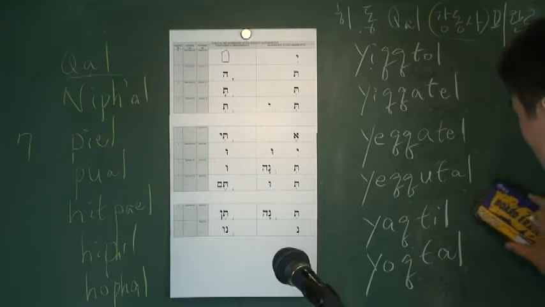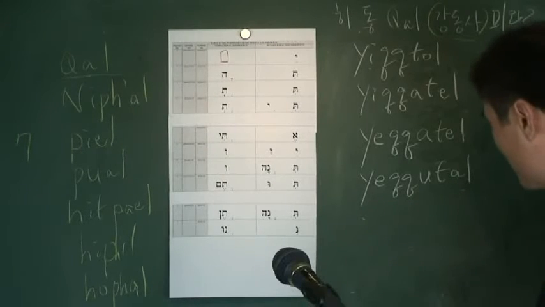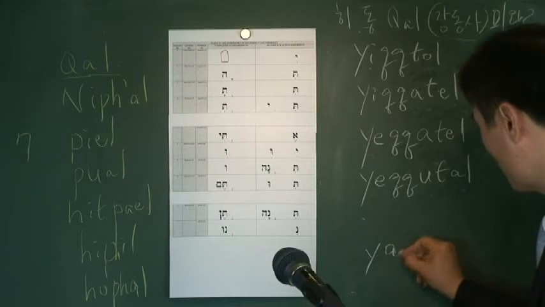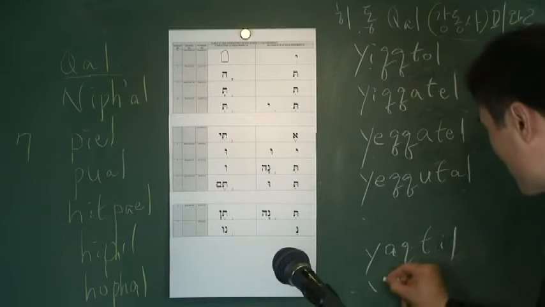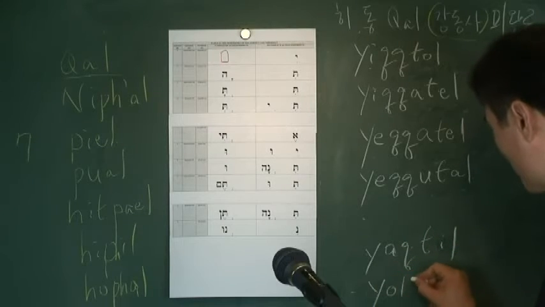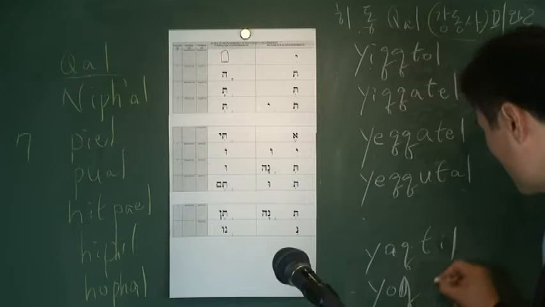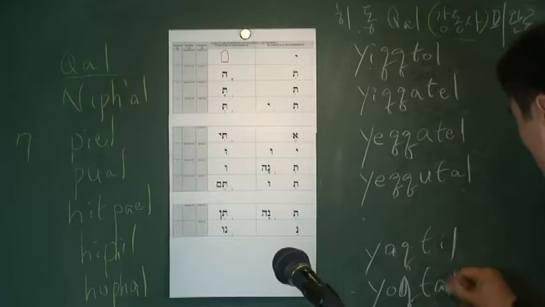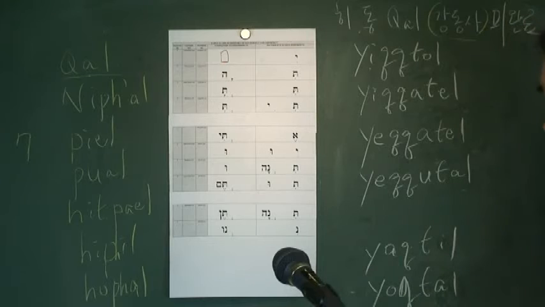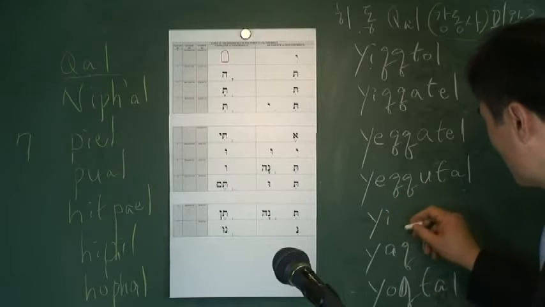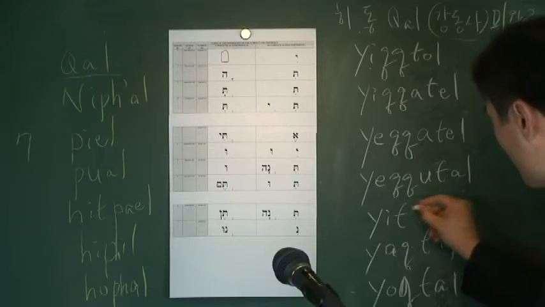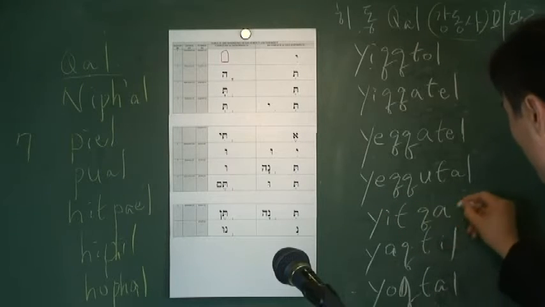We missed one, hitpael. The imperfect form of hitpael is yitkatel.